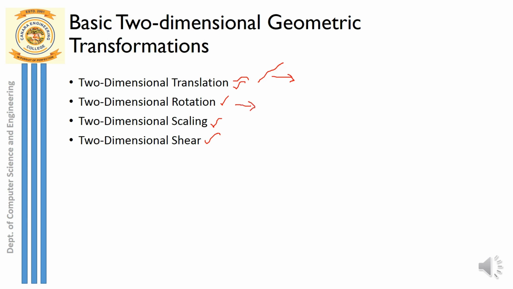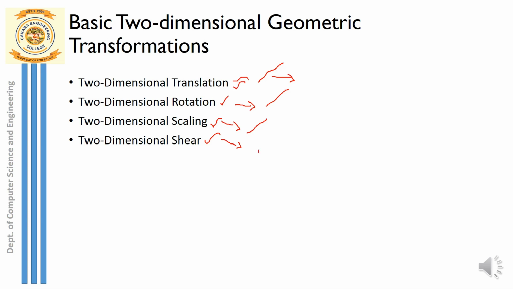The second one, as the name itself says, is rotation. This is done in order to orient the particular object. Orientation is applied over the line, and that orientation is the rotation. Next is scaling. This is done in order to increase or decrease the size of the object. Next, shear. Shear is done to change the shape of the object.